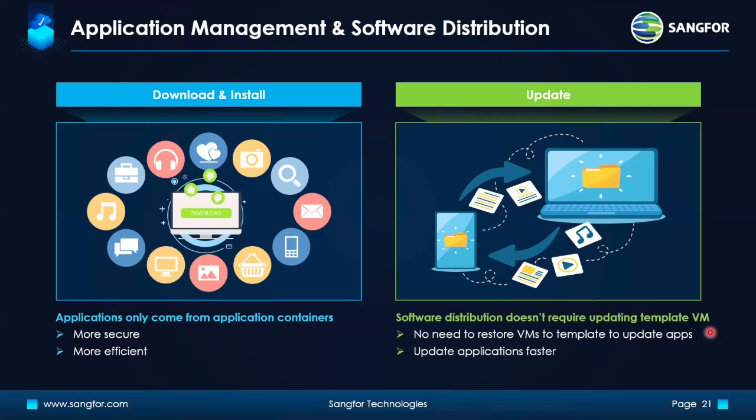You can publish these applications with the help of the software distribution function. So there is no need to install it in the template, update the template and then update the VM. The user can install it by themselves, and it is very effective and updates applications faster.